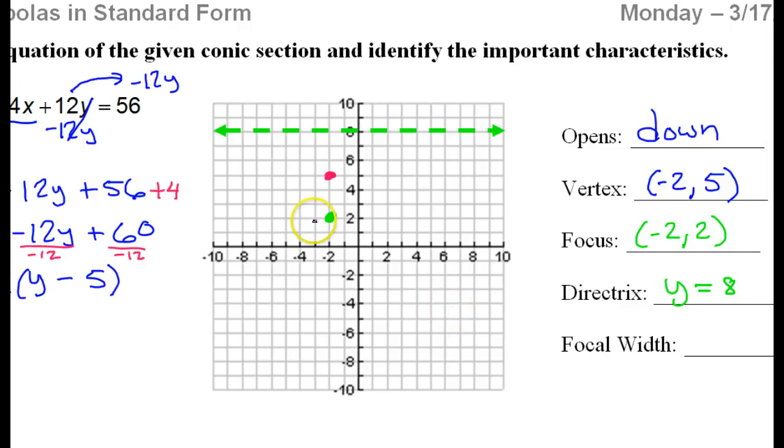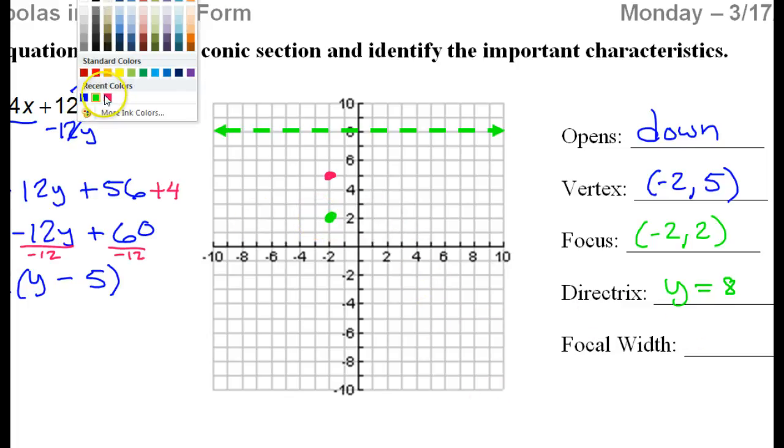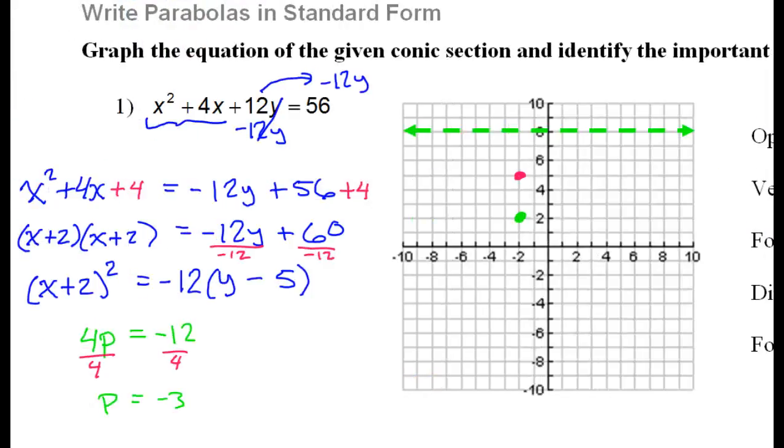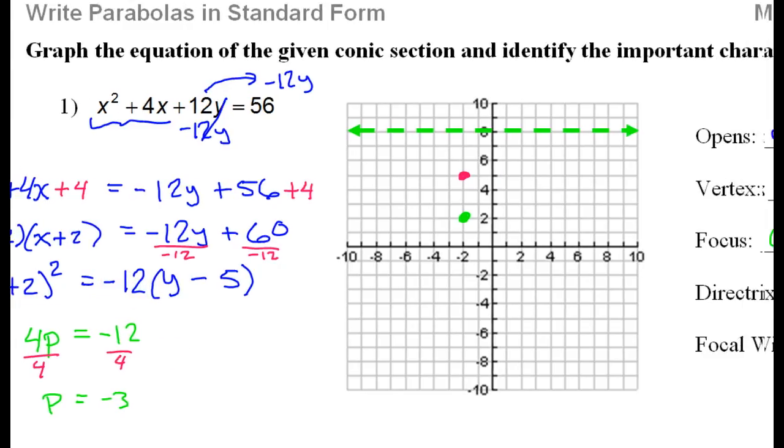Okay, now we just need 2 more points somewhere around the focus so we can graph this thing. The focal width comes from this number in front of the unsquared parentheses. Ignore the negative sign. The focal width will be 12.